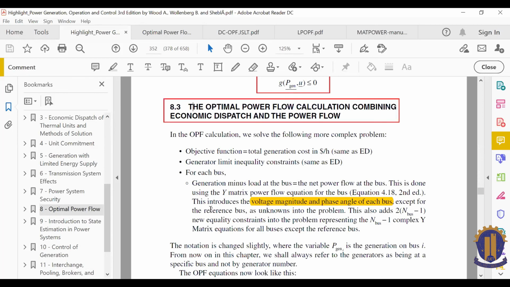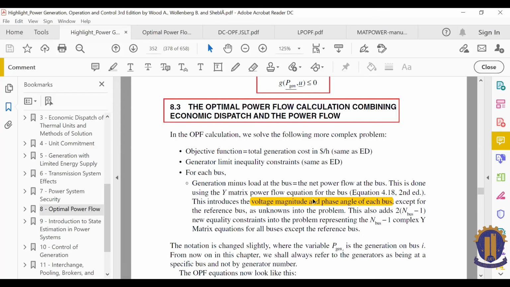And this introduces the voltage magnitude and phase angle of each bus. We have to know the voltage magnitude and phase angle, except for the reference bus. For the reference bus, we can consider the voltage magnitude is 1 and the angle is 0.